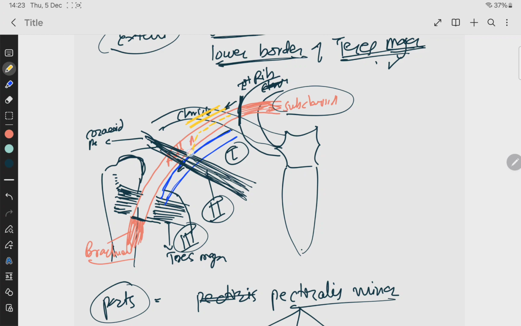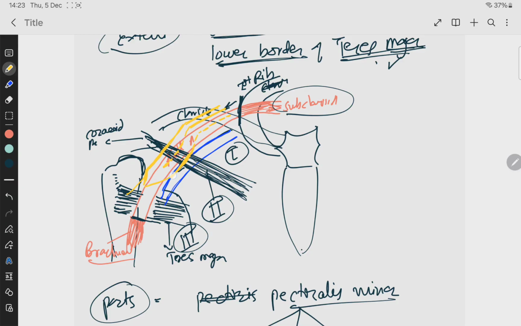Then in the lower part, the medial cord comes medially, the posterior cord goes posterior to the axillary artery, and the lateral cord goes lateral to the axillary artery. Then from the lateral cord two branches come, one goes to coracobrachialis and one forms the lateral root of the median nerve.